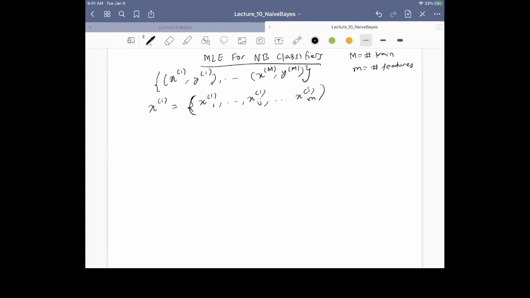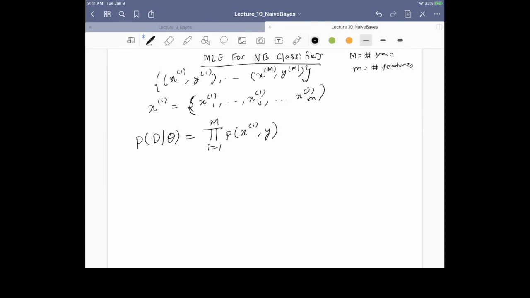The maximum likelihood estimation is where I look at the joint distribution of my data, given my parameters. This is going to be the product over i from 1 to capital M of P of xi joint with y.